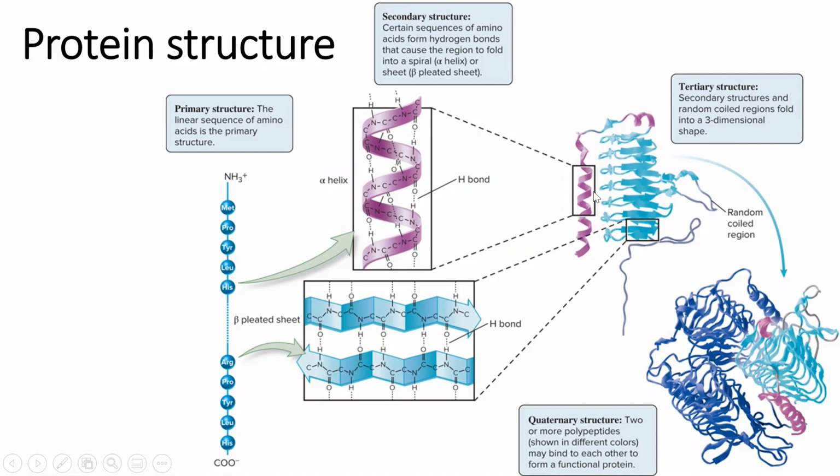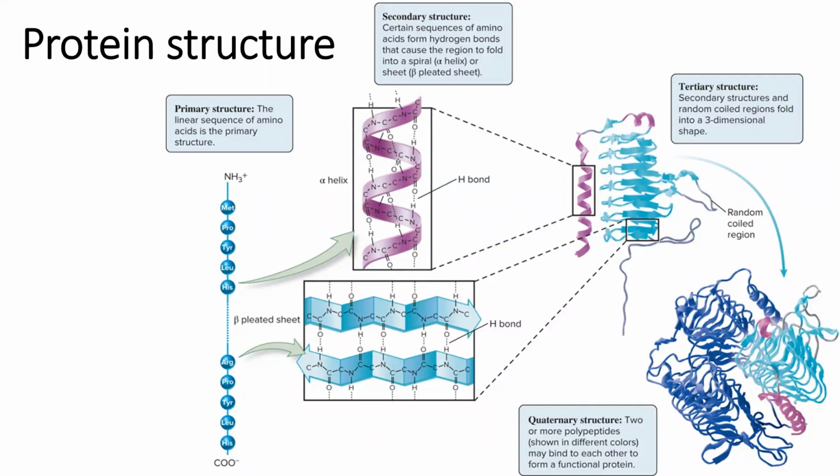Finally, the quaternary structure: basically what you're doing is you're taking multiple tertiary structure proteins and you're holding them together, okay? This basically will form a highly specialized and highly functional protein.